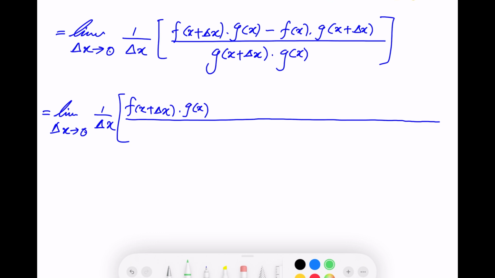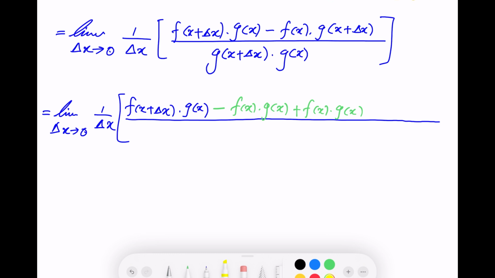In fact, I will start by subtracting a certain quantity. So the quantity I'm going to subtract is minus f of x times g of x. Then, to have no change, I must also add the same quantity. Therefore, let me plus f of x times g of x.